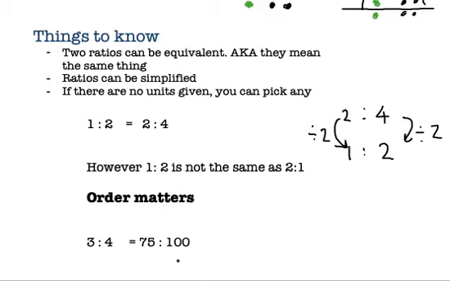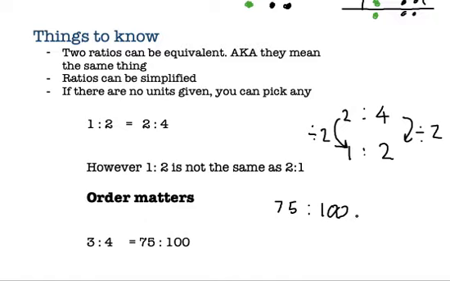So in this example, 75 to 100, I want to simplify it down to 3 to 4. Okay, 75 to 100. Now, personally, I know that if I divide 100 by 25, I would get to 4. But maybe, let's say you don't know that, for example, okay? This number ends in 5, this number ends in 0. I know I can divide both of them by 5.